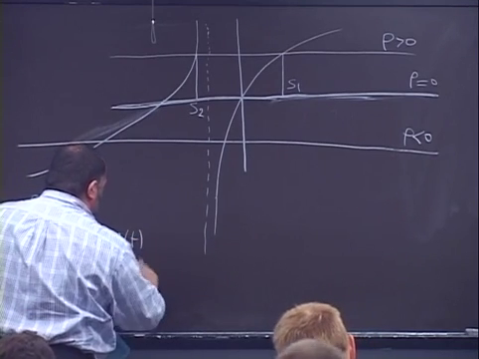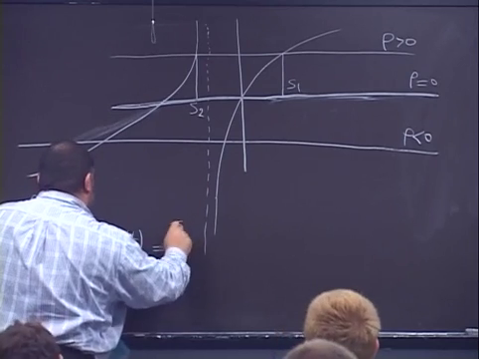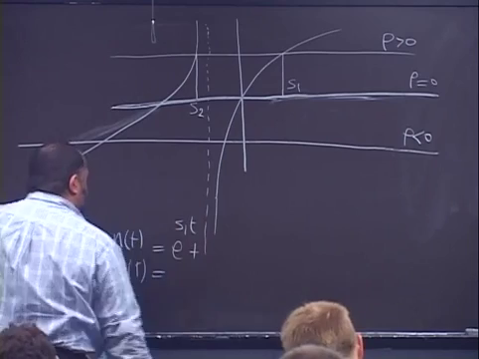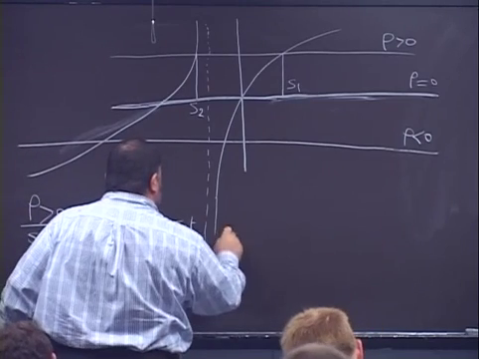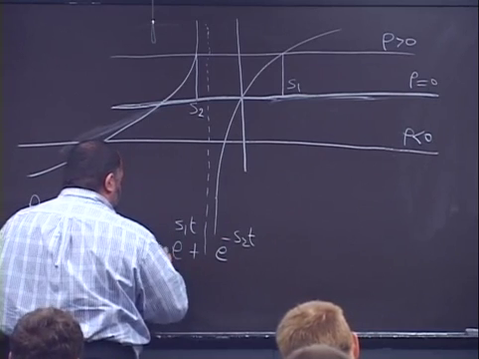So you will have your N of t and C of t, which will be just e to the power of S1 t plus e to the power of S2 t for both of them.